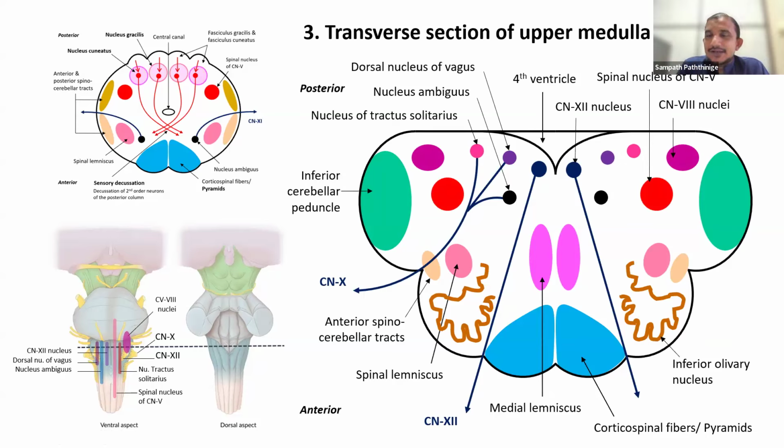So then, in addition to these regions, from the level of the vestibulocochlear nuclei above, we have another important structure in this cross section, which we call the medial longitudinal fasciculus. The medial longitudinal fasciculus is a neuronal connection between different cranial nerves.